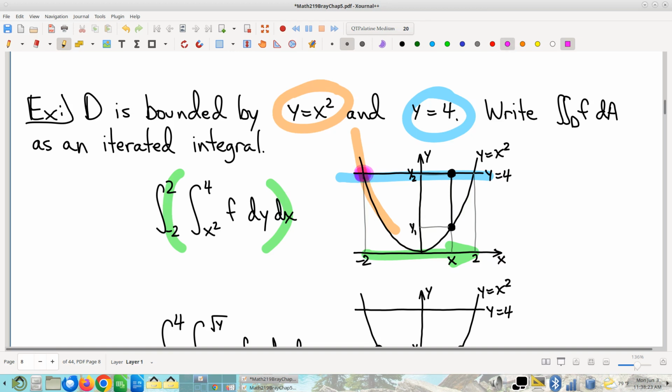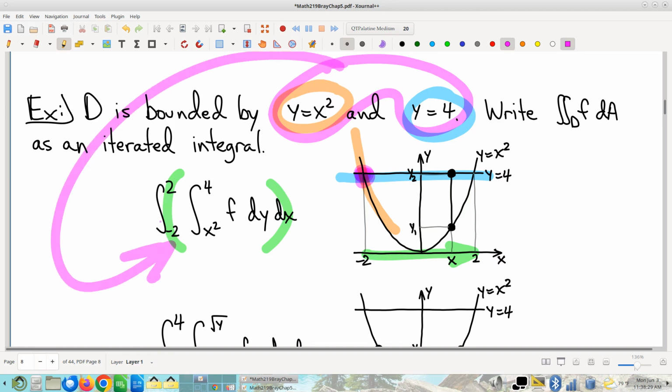That point is going to be a point that satisfies both equations, and I can just solve, and it gives me my -2. Almost. It actually tells me either -2 or +2. How do I know that it's -2? Picture. I can see from the picture that the lower bound that I'm interested in is negative, and that's why it has to be -2.